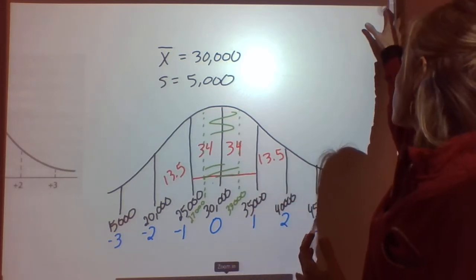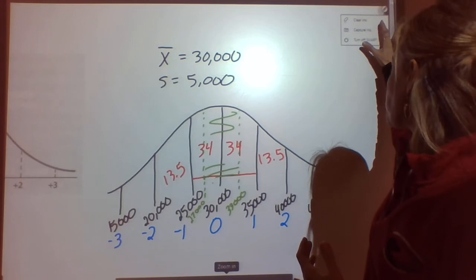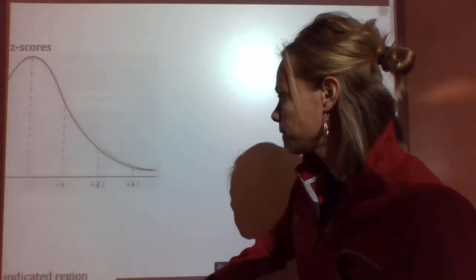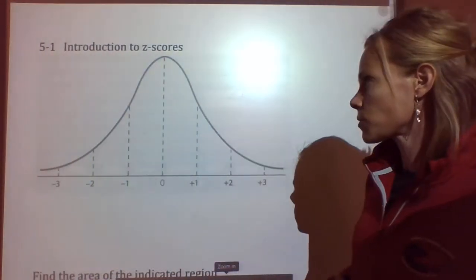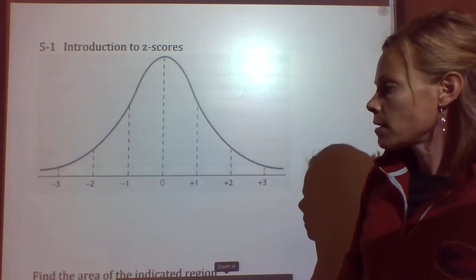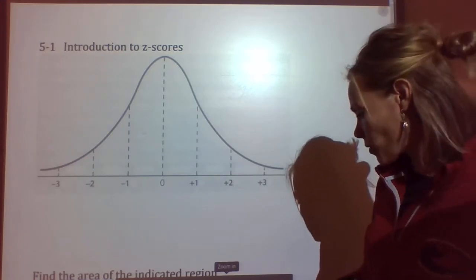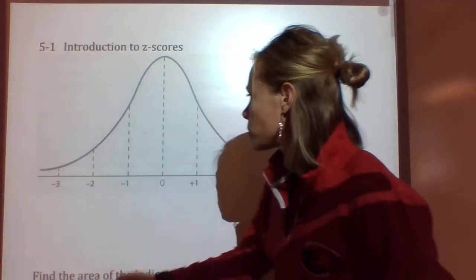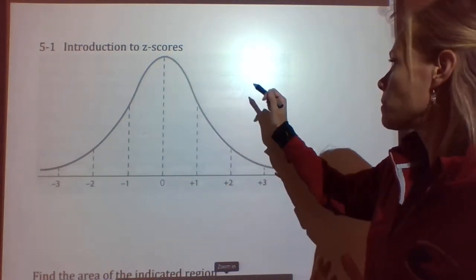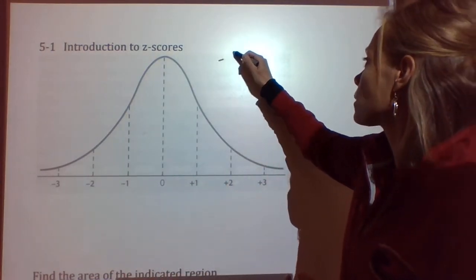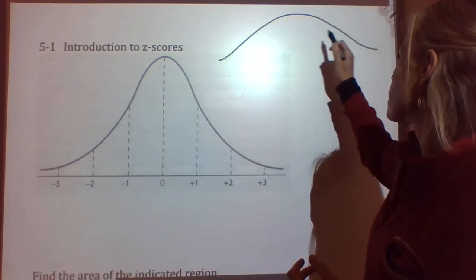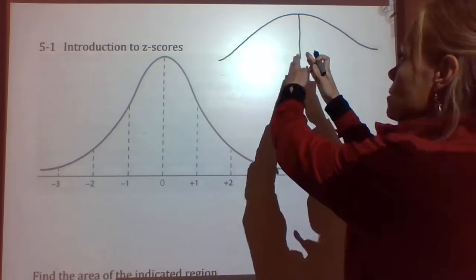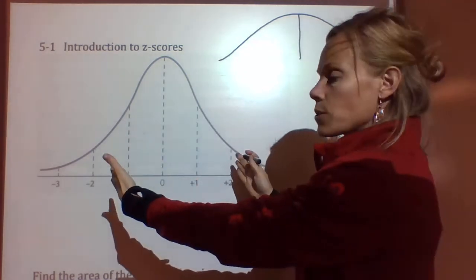So if I see a normal curve, okay, this is what a normal curve with z-scores looks like. And another thing to note on a normal curve is that if I have a normal curve that looks like this, compared to maybe a normal curve that looks like this, okay? See how this normal curve is more spread out than this one?